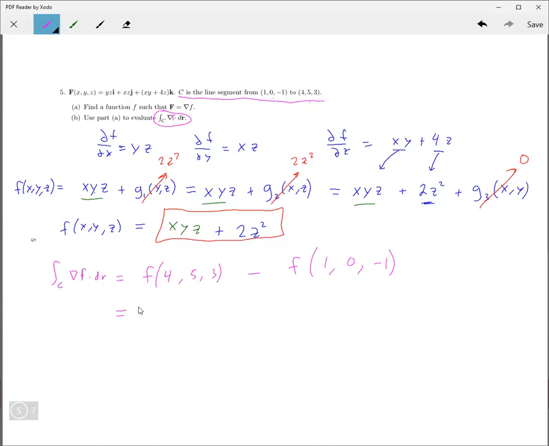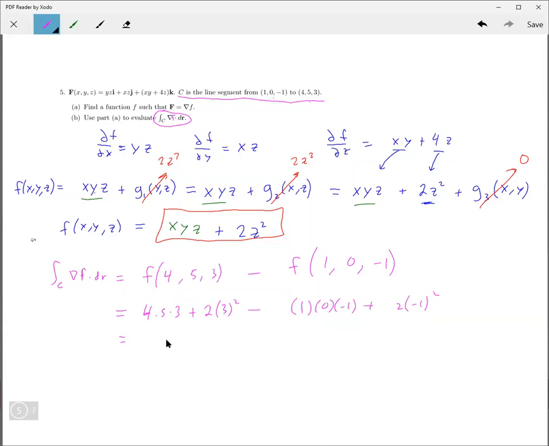So x, y, z, that's 4 times 5 times 3 plus 2 times 3 squared, minus, and then this one is going to be 1 times 0 times -1 plus 2 times -1 squared.